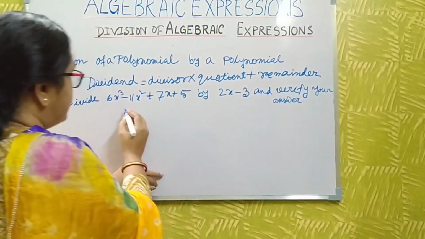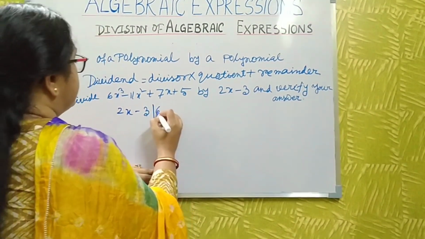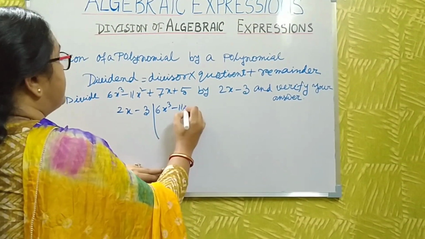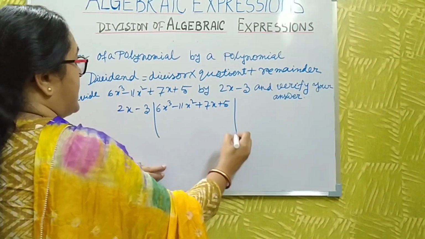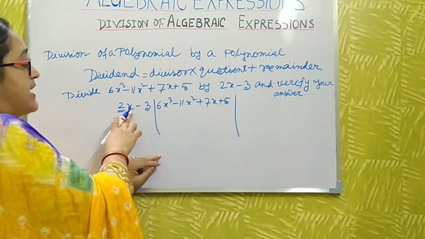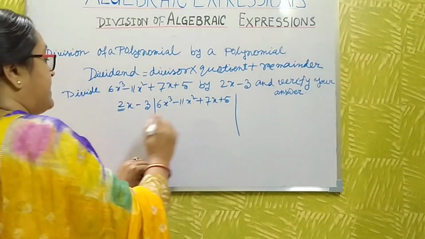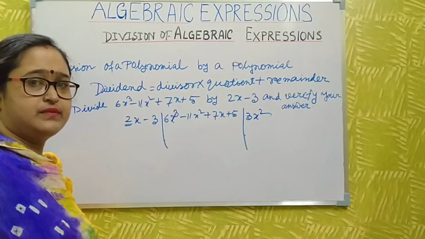What is this? 2x minus 3, then 6x³ minus 11x² plus 7x plus 5. Here first 2 3s are 6, x³ by x is x², so 3x². You do the multiplication by this one.